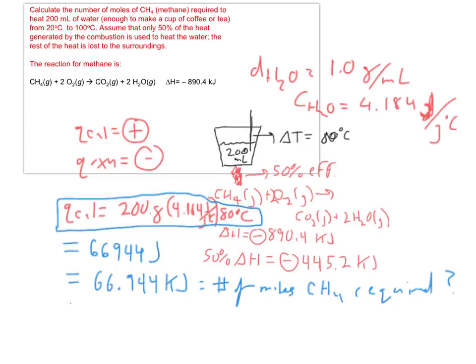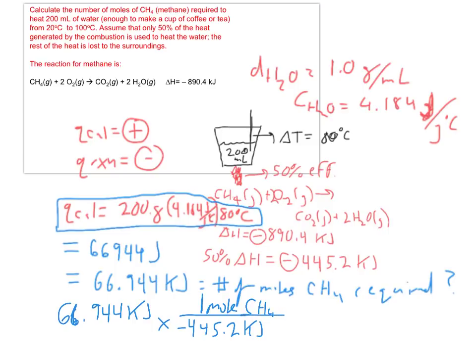So we've got 66.944 kilojoules needed. You get 445.2 kilojoules per 1 mole of methane from our balanced chemical equation. Now, since Q of the calorimeter is positive, it's absorbing heat, that means the reaction will have a negative sign, its opposite sign, so the negative signs will cancel.